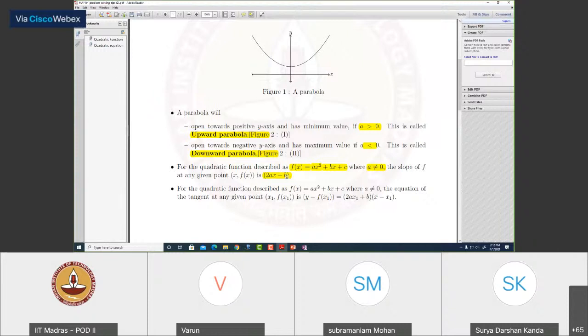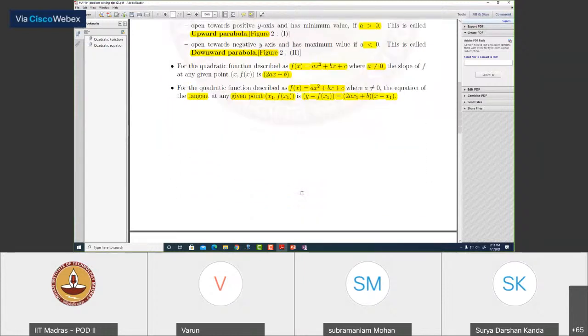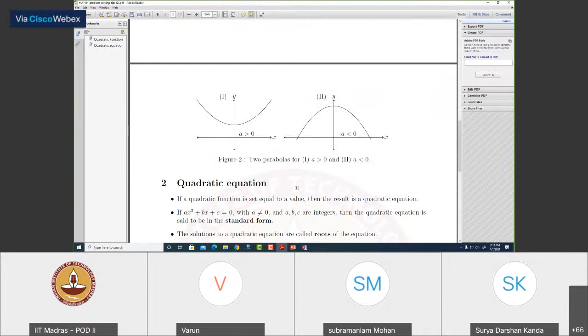Also, the tangent can be found to be y minus f(x1) equals (2ax1 plus b) into (x minus x1), at a given point x1, f(x1). These formulae are taught in the lecture. This was the upward opening parabola for a greater than 0.